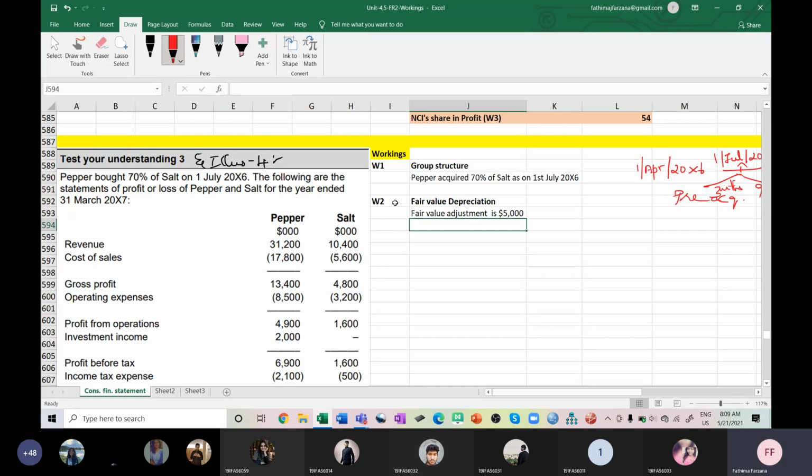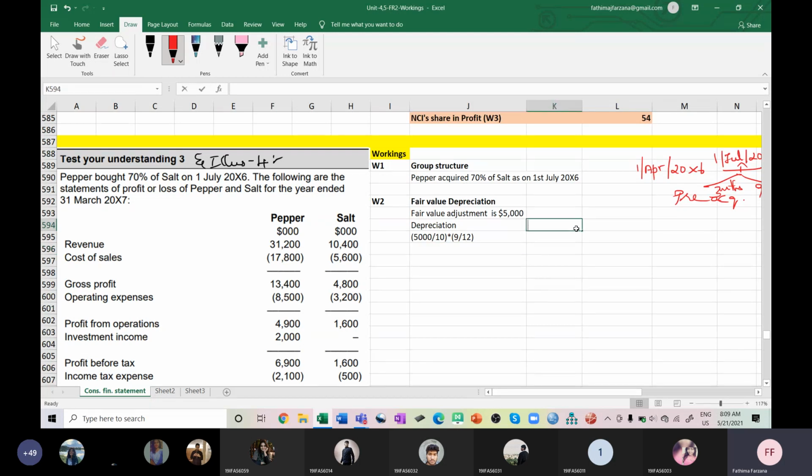For that fair value, I'm going to write depreciation: 5,000 divided by N, where N is the number of years, which is 10, times 9 by 12 for the current year depreciation.